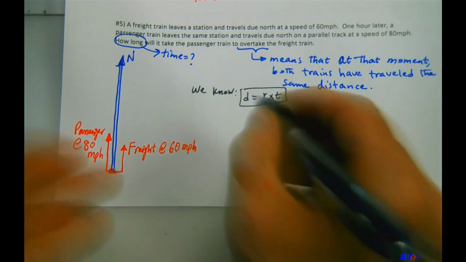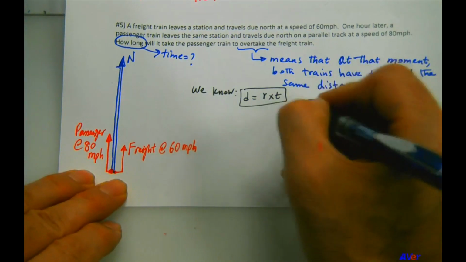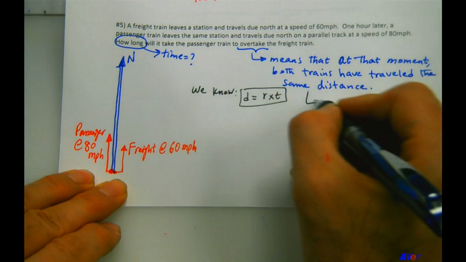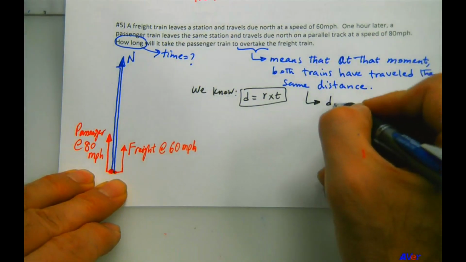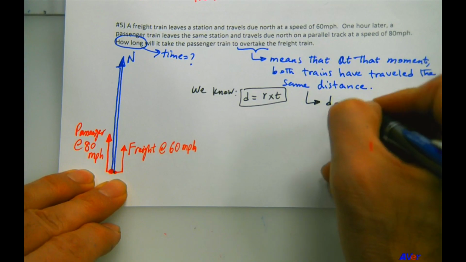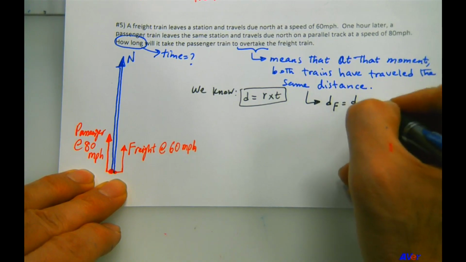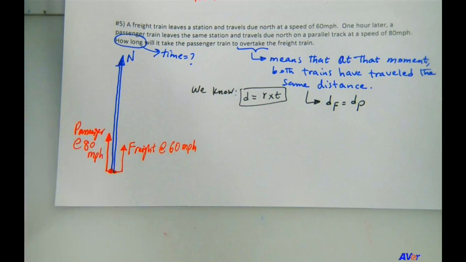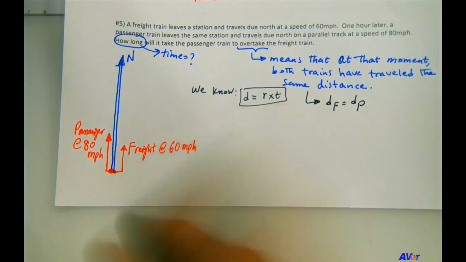Okay? So at that point, distance traveled by the freight train is equal to distance traveled by the passenger train.